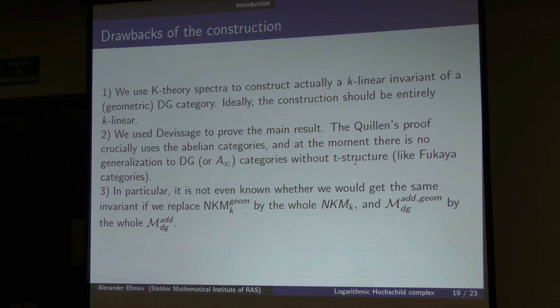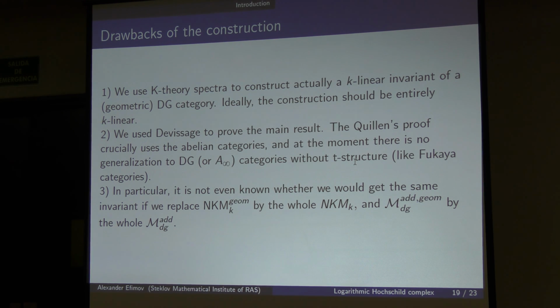and it is not even known whether we will obtain the same invariant if in the construction we replace geometric noncommutative motives by the whole noncommutative motives, so taking smooth and proper dg categories which are not geometric.